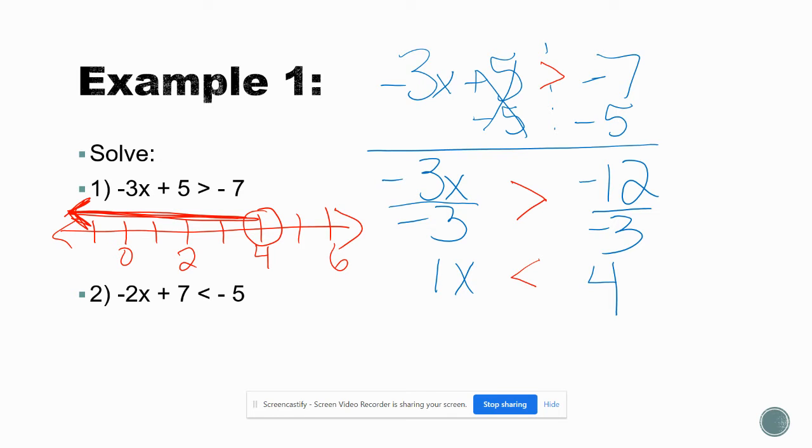All right, in interval notation, what that looks like is we take the left side, which is negative infinity that it's heading to, and the right side, which is 4. And because it's not equal to, we put parentheses around it.